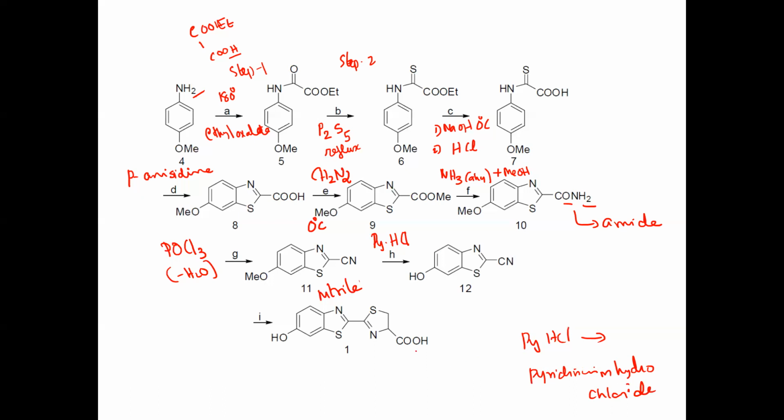That means we have to break the OCH3 ether group. The removal of an ether group is not that easy. We can do that by using this process. This is the main process.